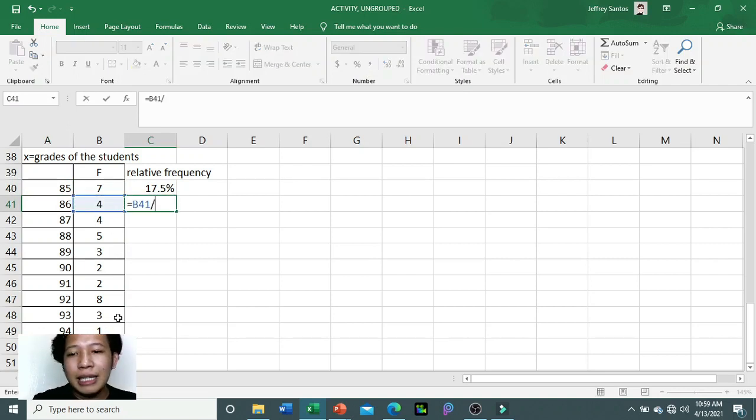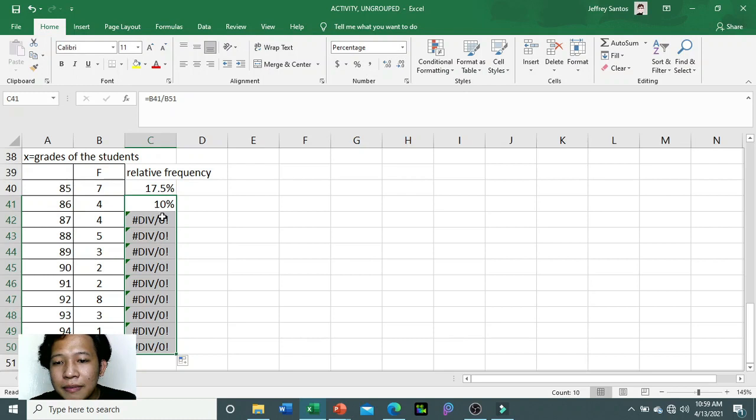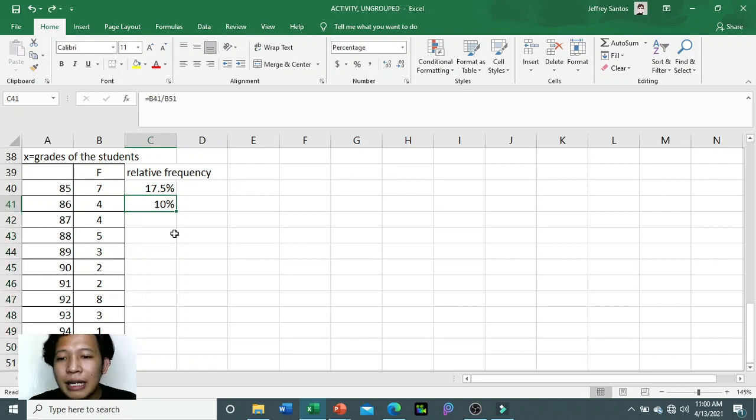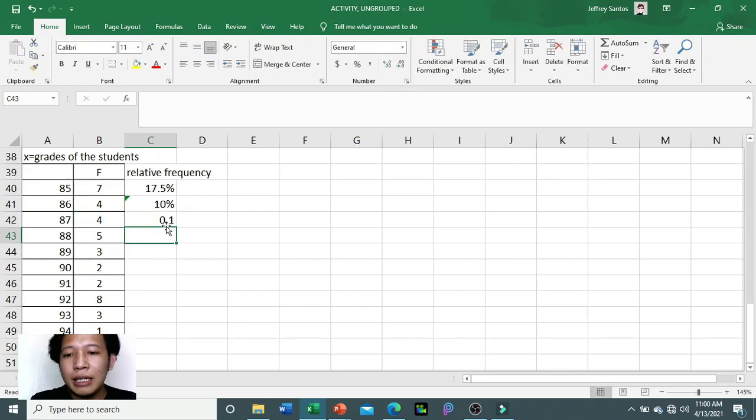And the same thing goes with the other one. So we have here 4 divided by 40. That would be 10%, or 0.1. Next we have 5 divided by 40.